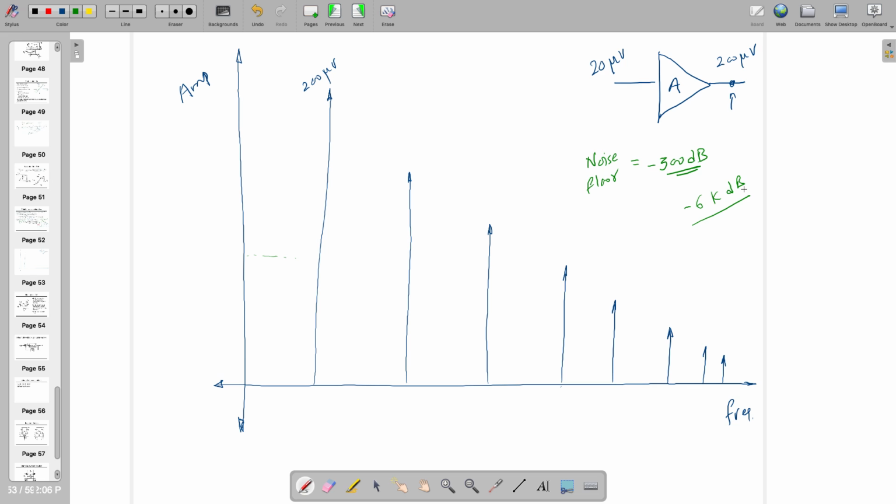Any comment on this? Minus 6 kilo dB means your output is floating. It's not connected anywhere. It's as good as zero. How much is minus 300 dB, by the way, Nazrul? How much is minus 300 dB in volts? Volts mean volts.